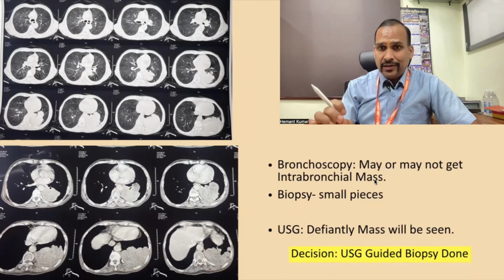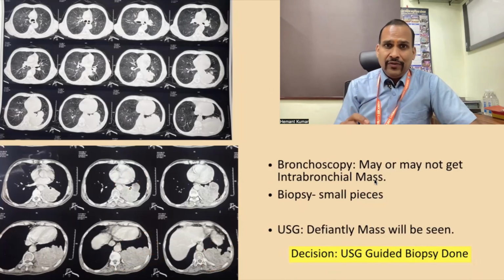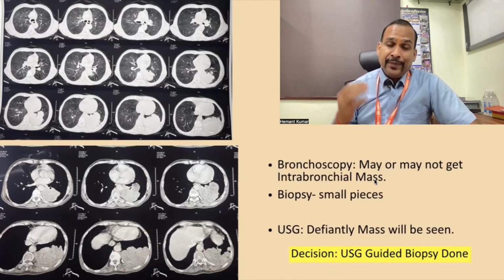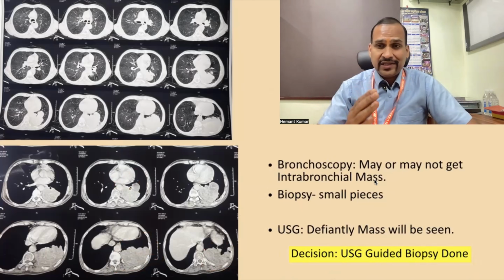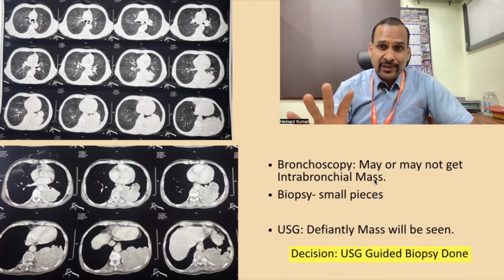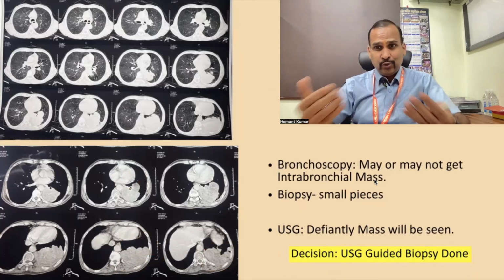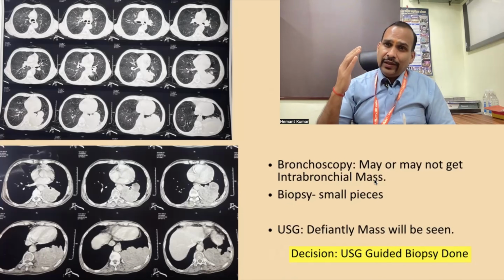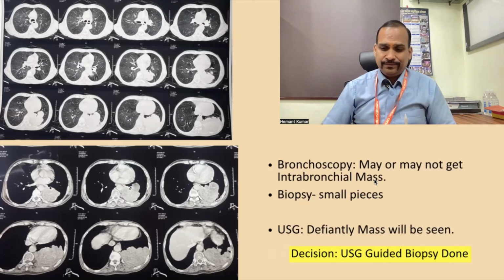One more reason not to do bronchoscopy is that in bronchoscopy, as you know, we are able to take only a very small biopsy sample, and many times the pathologist says that the sample is insufficient. If the pathologist says the sample is insufficient, we will come back to zero. Okay, so ultrasound guided biopsy gives a large chunk of tissue.